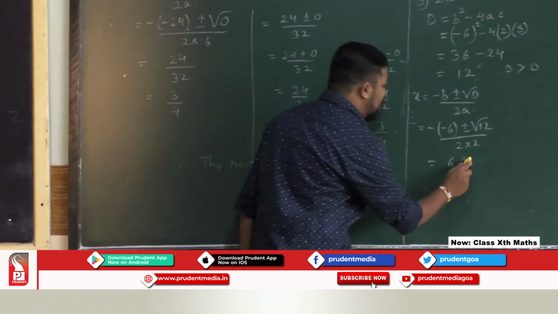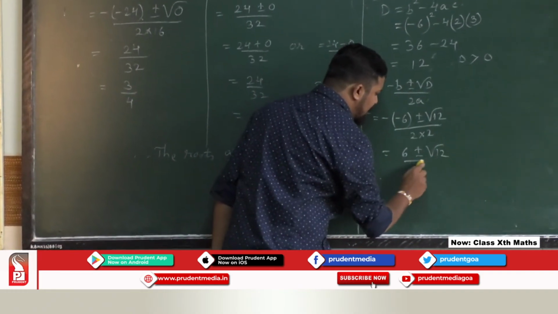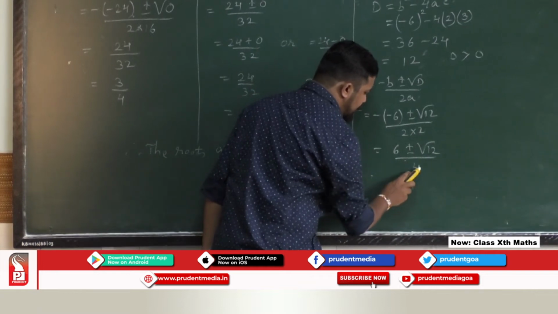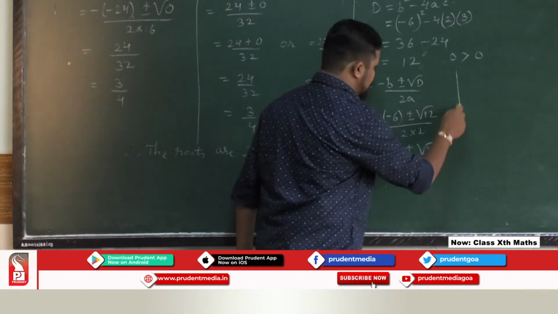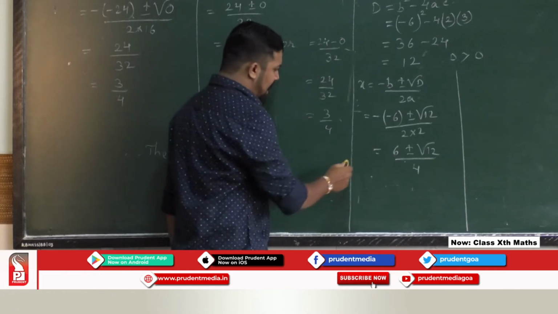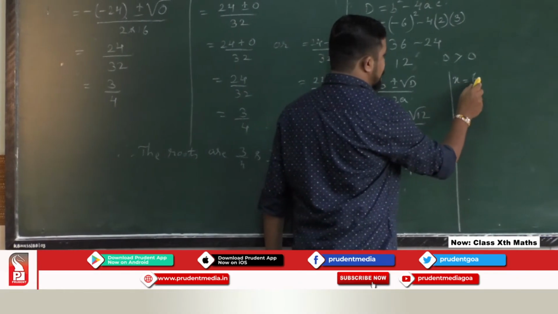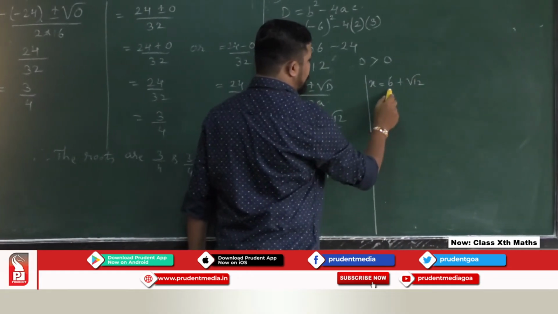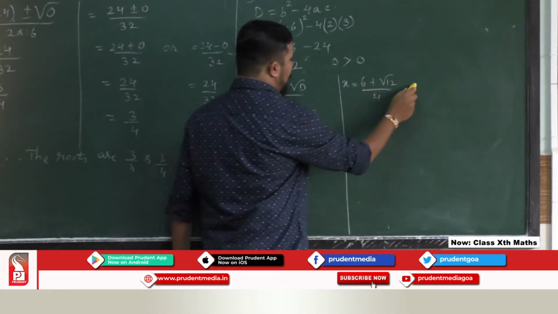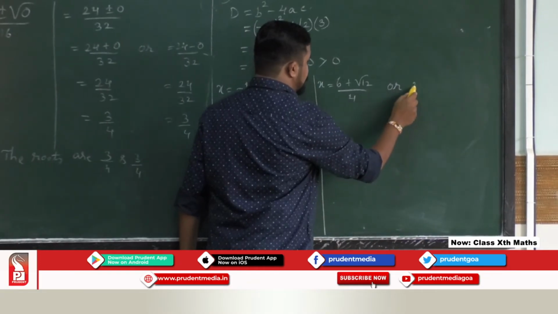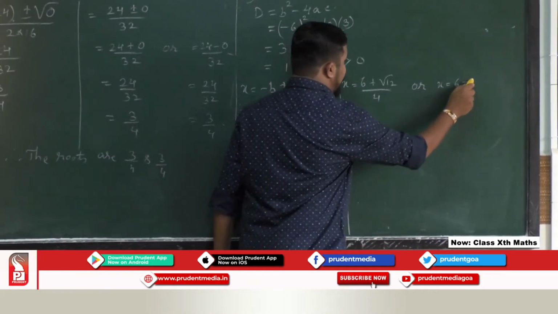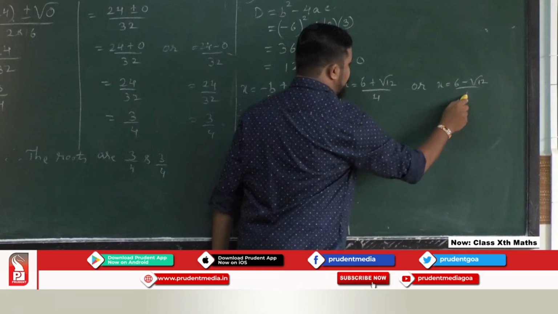Let us write the same root 12. 2 2s are 4. Okay, I write separately now. X equals 6 plus root 12 upon 4, or 6 minus root 12 upon 4.